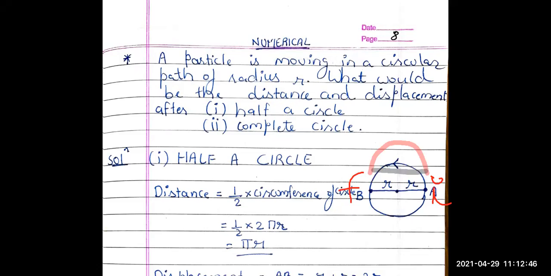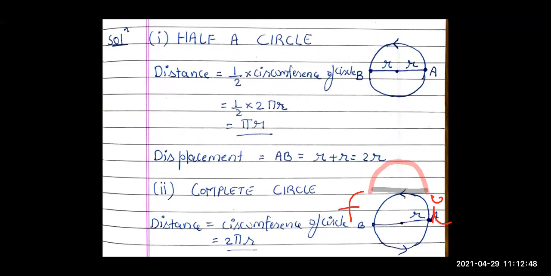So what will the displacement be, beta? Displacement will be AB, that is R plus R, that is 2R. So 2R is the displacement, 2R is the distance between the initial position A and final position B, that is R plus R, 2R. Okay, chalo.